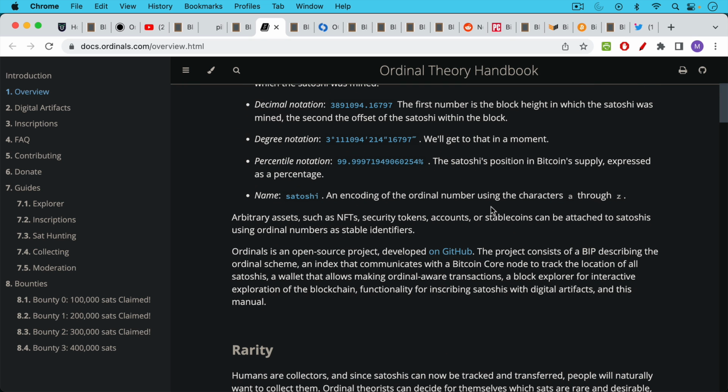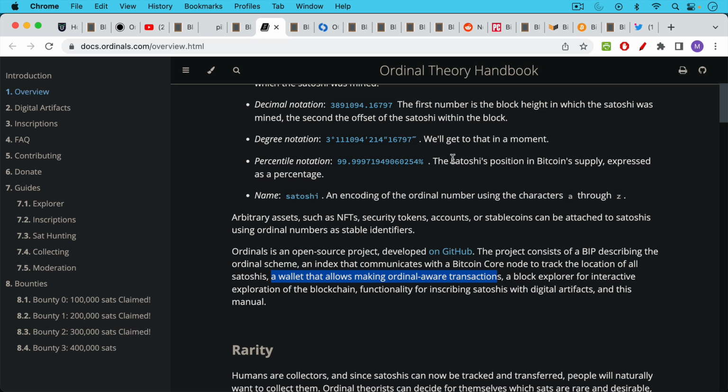And if we scroll down here, we can see that this whole project consists of a BIP, a Bitcoin improvement proposal describing the ordinal scheme, an index that communicates with the Bitcoin core node to track the location of all satoshis. So again, this is an opt-in thing. You don't have to use this if you don't want to. A wallet that allows making ordinal aware transactions, a block explorer for interactive exploration of the blockchain, etc.